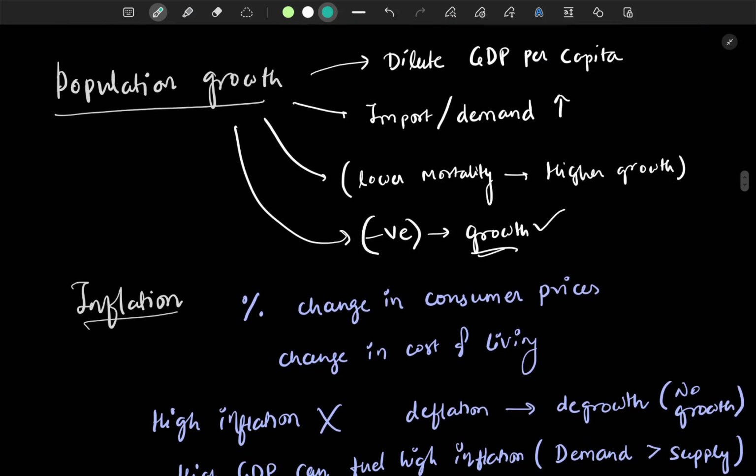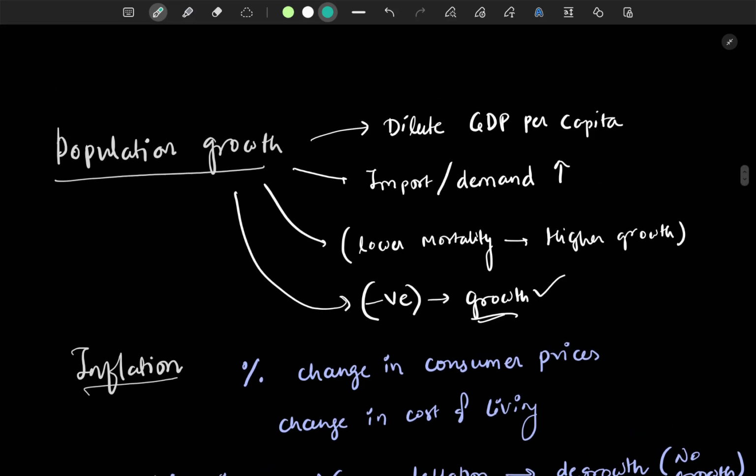Okay. Population growth: how the population has grown from the previous year. Suppose population growth is positive and GDP remains constant, then GDP per capita will decrease. A growing population also increases import demand.